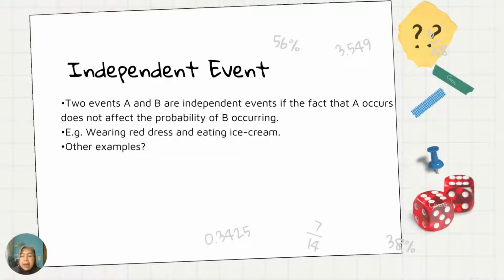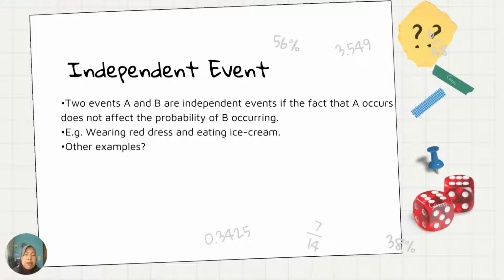For independent events, they do not influence each other. Two events A and B are independent events if the fact that A occurs does not affect the probability of B occurring.